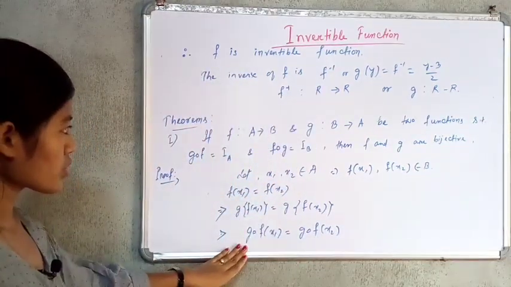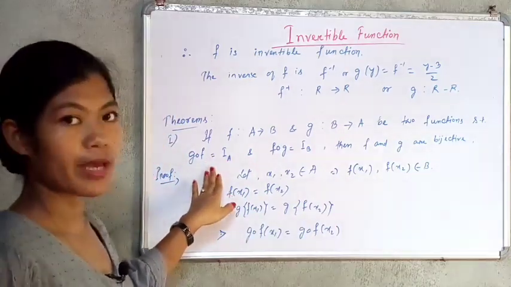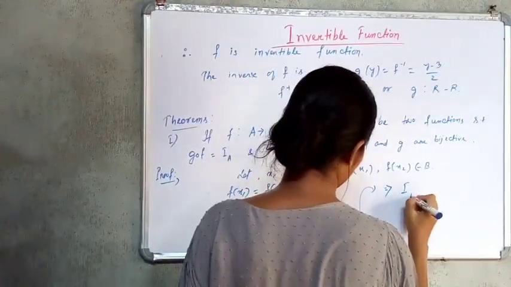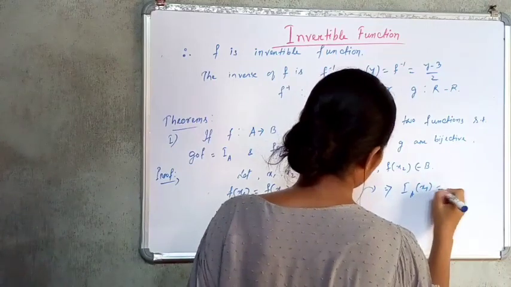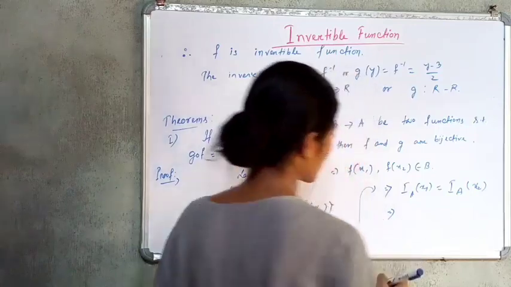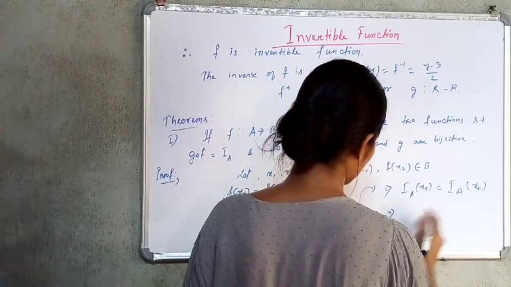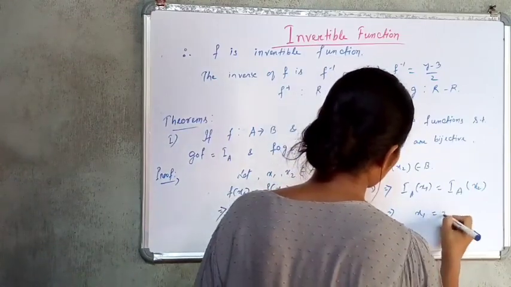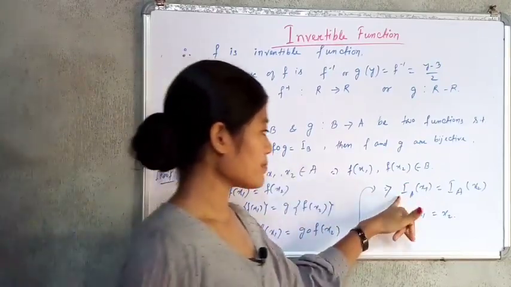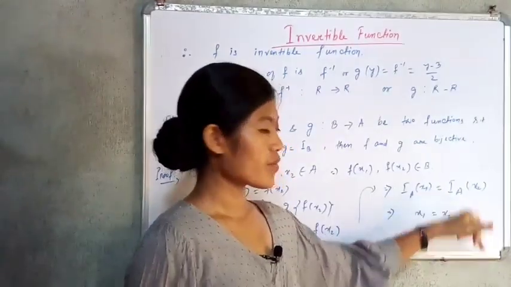Since g o f equals I_A, the identity map I_A, therefore we can write I_A of x1 and I_A of x2. Since I_A is the identity map, we can directly say x1 equals x2, because by definition of identity map, I of x1 should be equal to x1 and the identity function of x2 should be equal to x2.